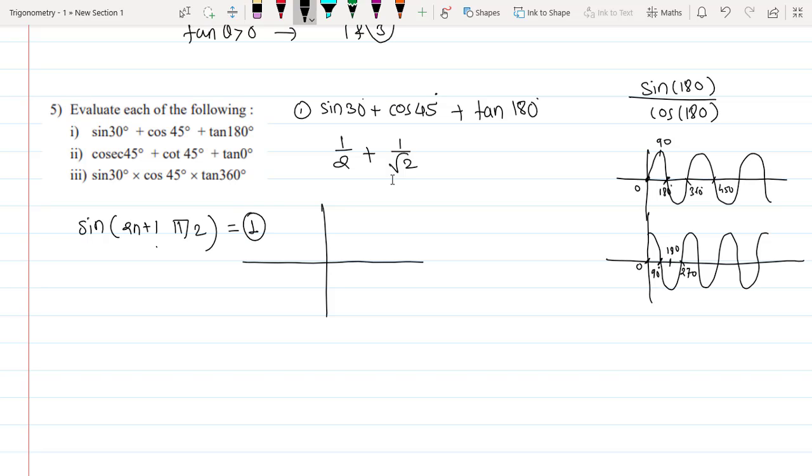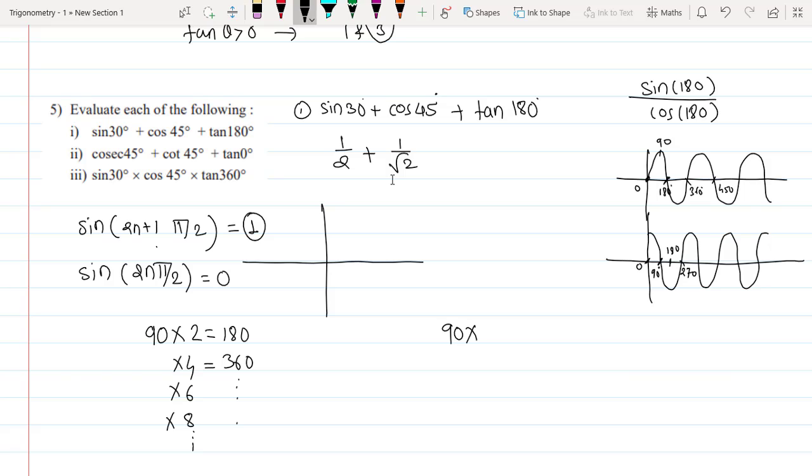If it is an even multiple, sine of 2n pi is equal to 0. Even multiples of 90 degrees are times 2, times 4, times 6, times 8. These are all even multiples, meaning 180, 360 and so on. Which are the odd multiples of 90?